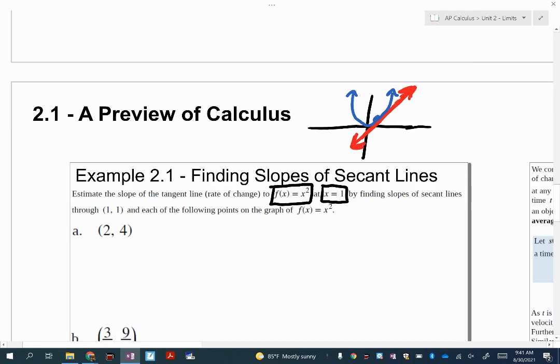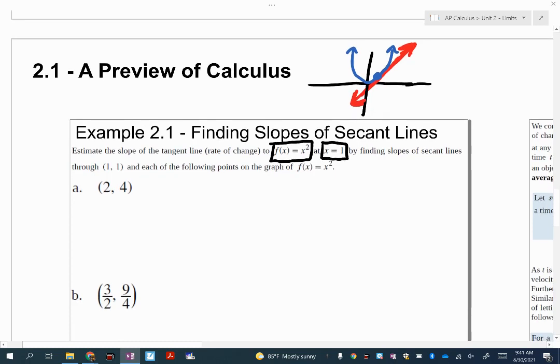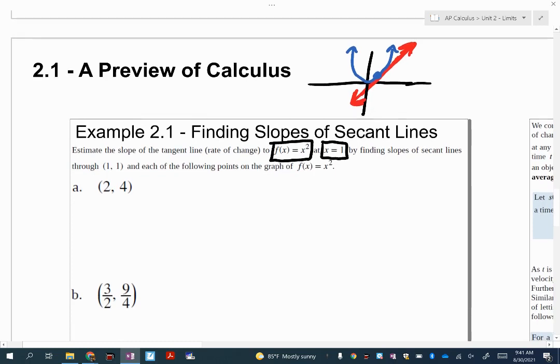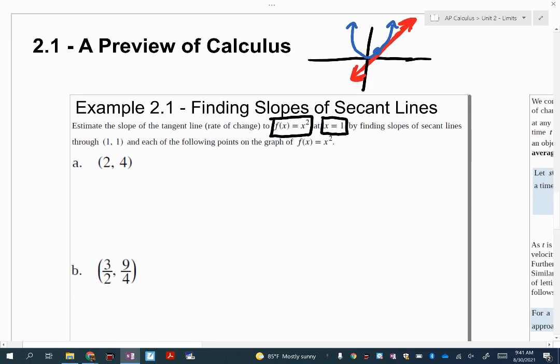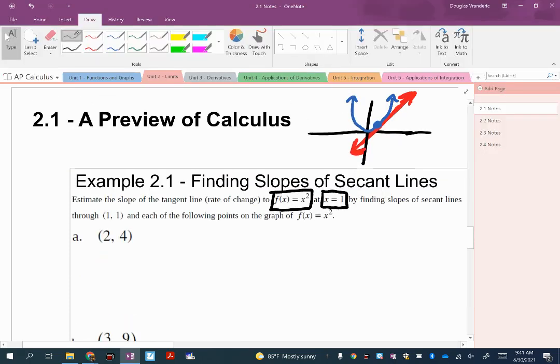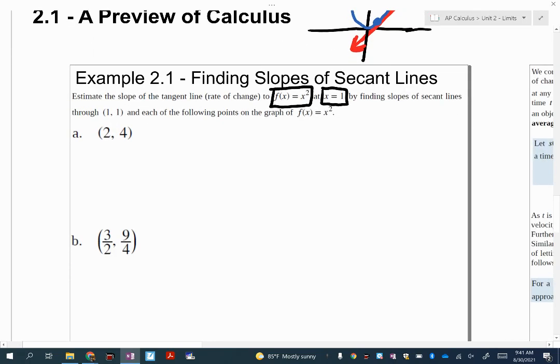And again, this is just a brief intro, so we're going to get later into exactly how to do this and what this all means in later units. But essentially, for now, I just want to approximate that slope of the line in red using some other points on my curve. So we're going to start with a point that's 2, 4. So I'm going to find the slope of a secant line by using the change in y over the change in x.